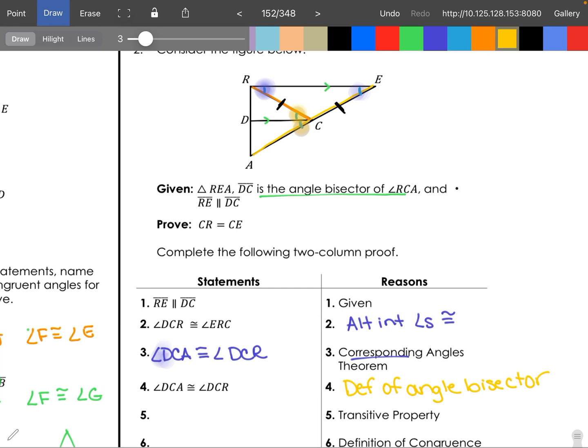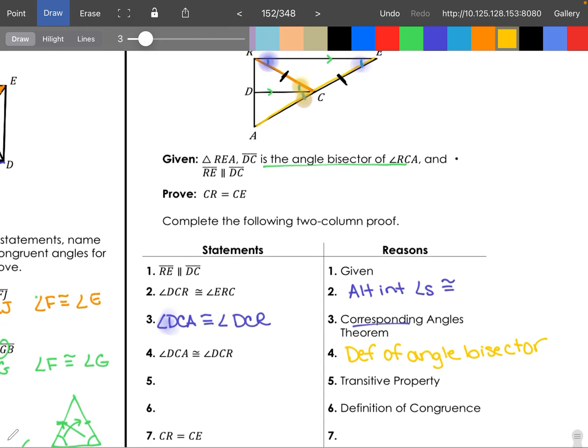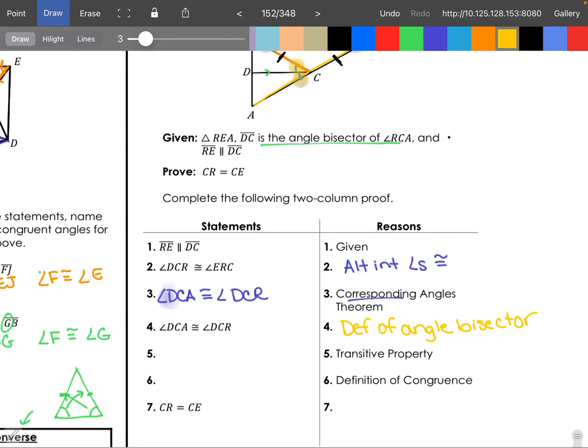Okay, so we've got 4 of these angles, and they're represented 3 different times. So if I use the transitive property, I'm going to be showing that all 4 of those angles are congruent to each other.